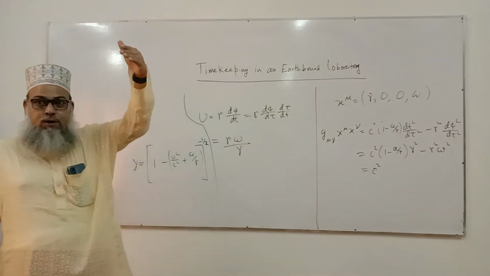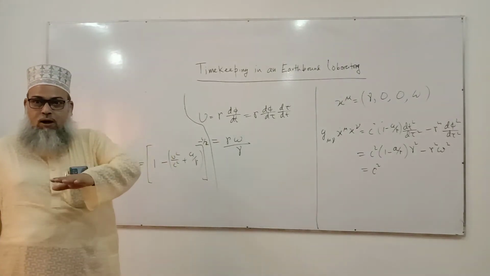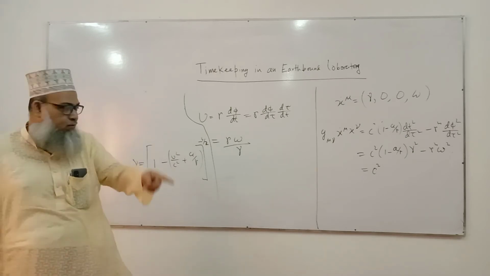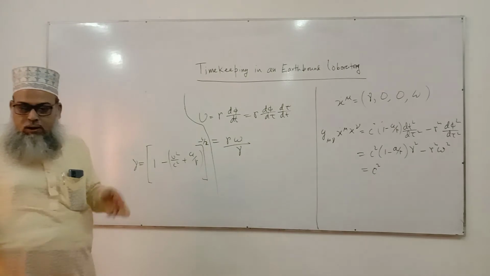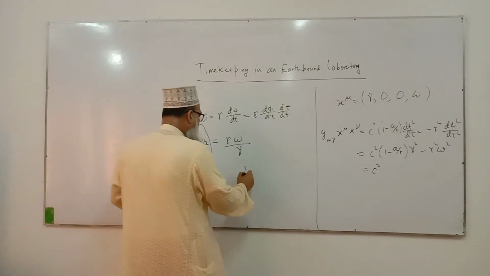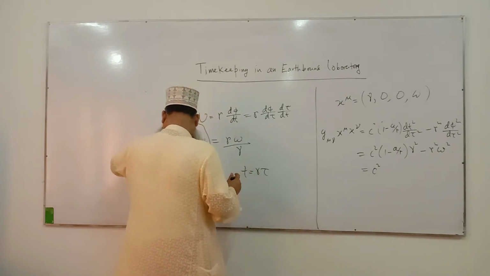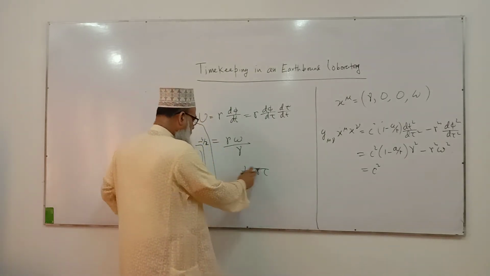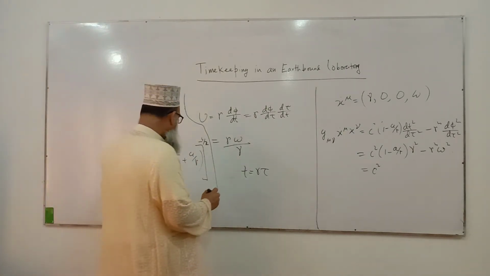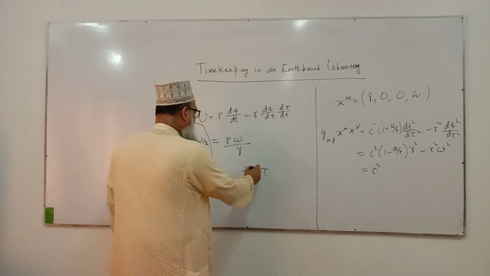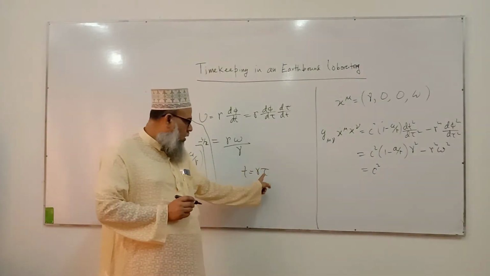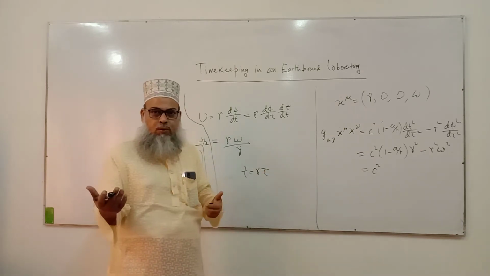So the distant observer will see that the earthbound laboratory clock is running slow by the factor of γ. But think of this relation: T equals γτ.